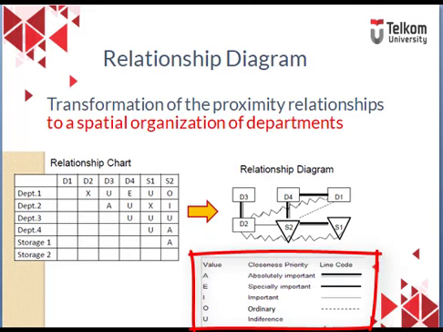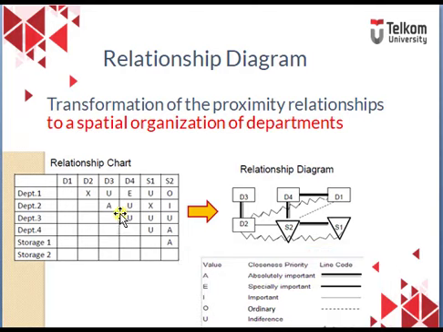Let's take a look at the relationship chart. There are 4 departments that should be placed closely. To depict the visual layout, the departments will have a double line. We have D3, D2, D4, S2, and S1 relationship, and continue to visualize the relationship among departments.